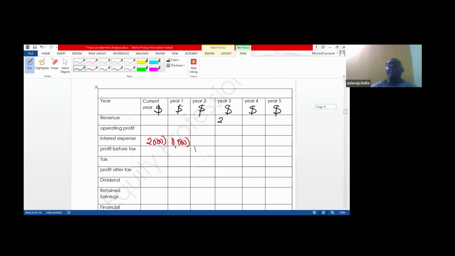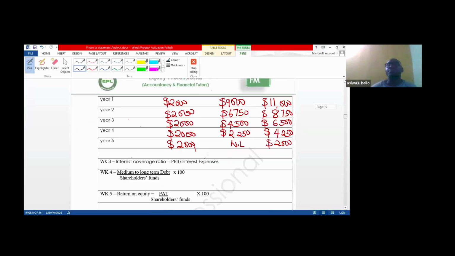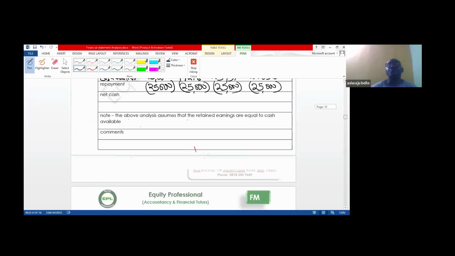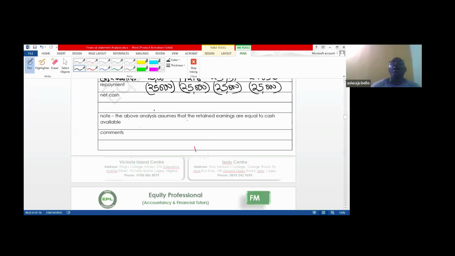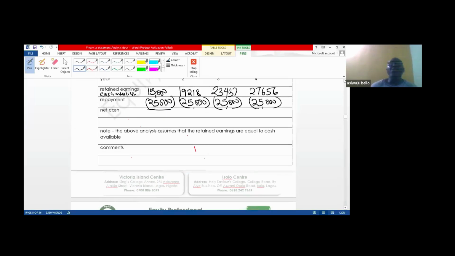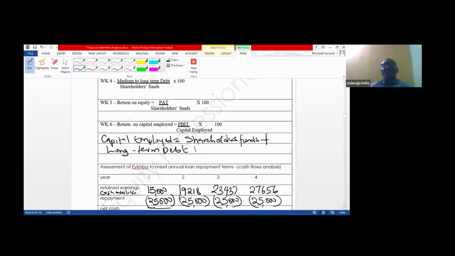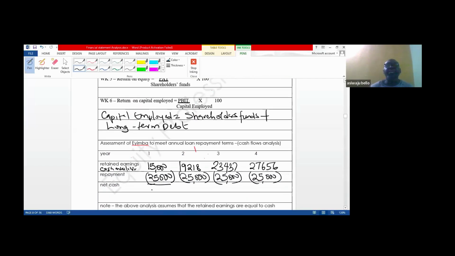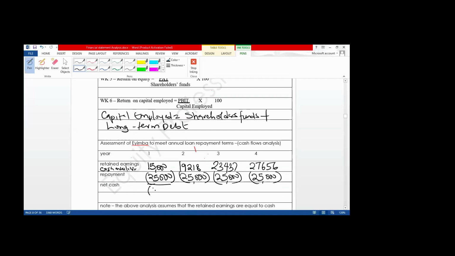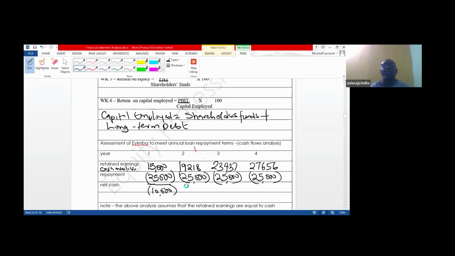We now come here. Obviously, in year 1, we don't have enough profits or enough cash flow. This will give me negative. That means we can't meet repayment in year 1.